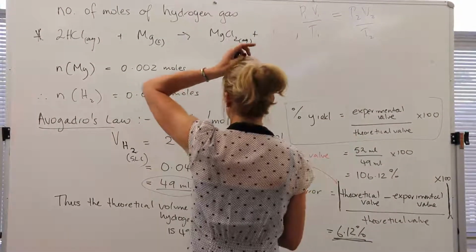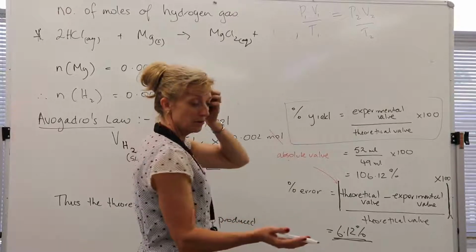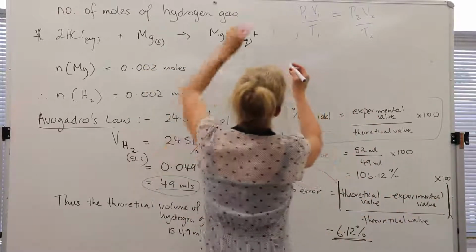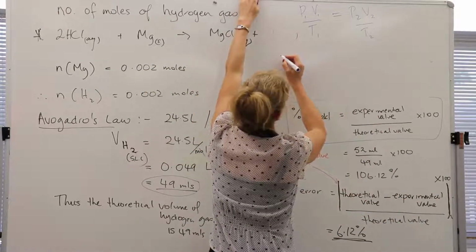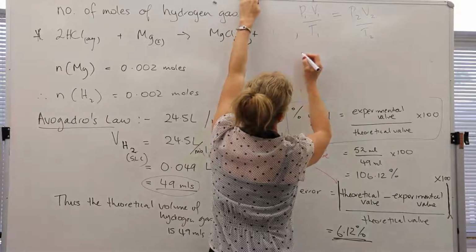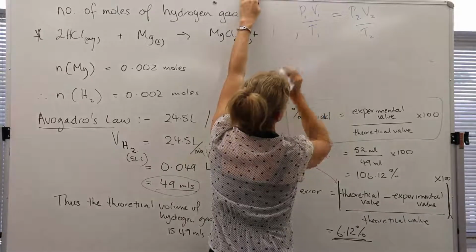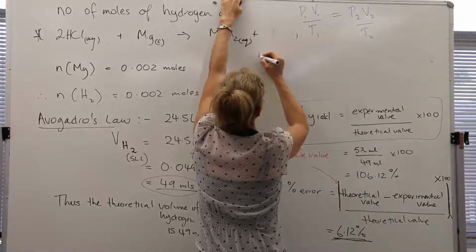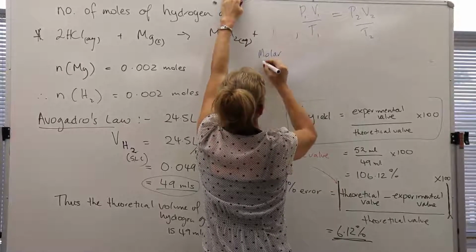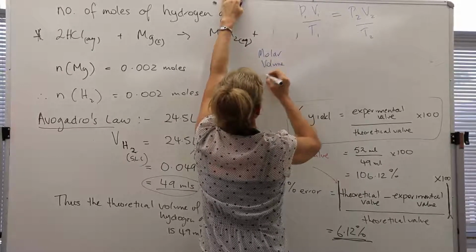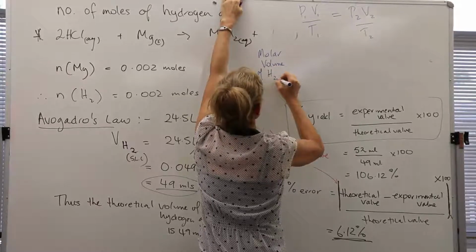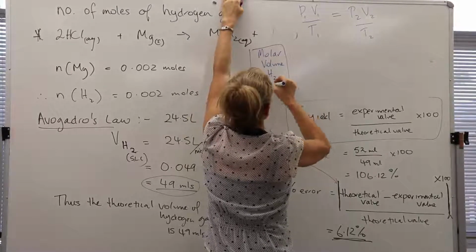So what's our pressure from your experimental table? What was the pressure? It was P1. So we're working out molar volume of the hydrogen gas from our experimental data.